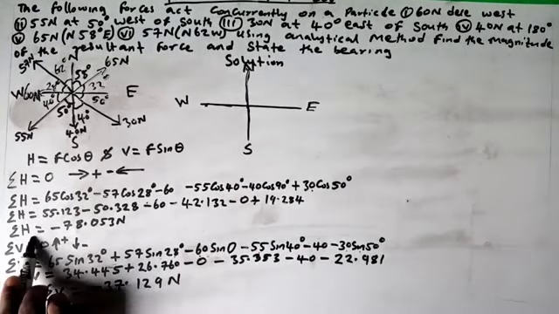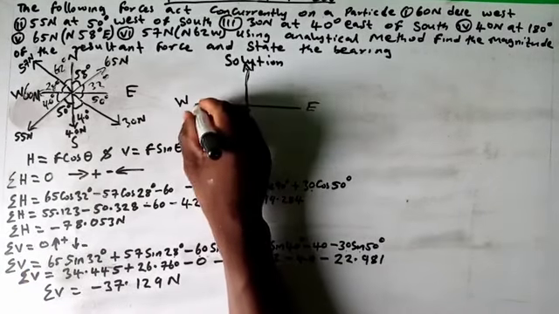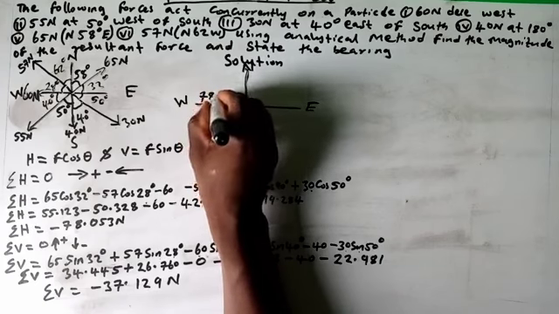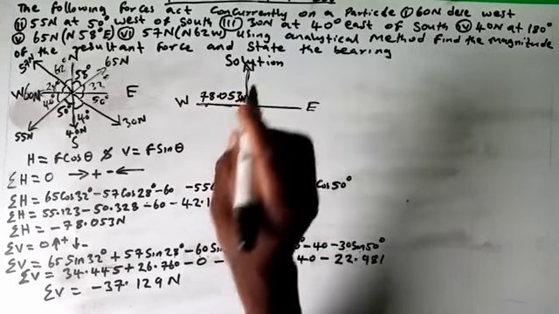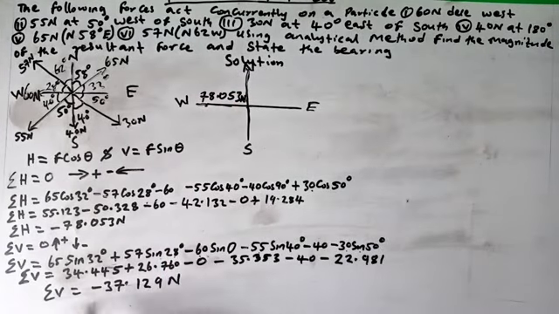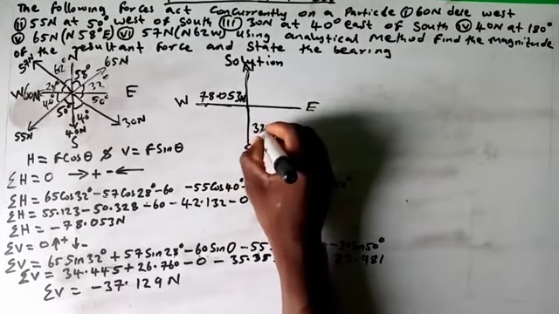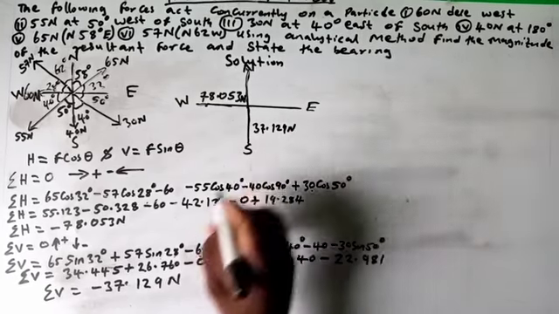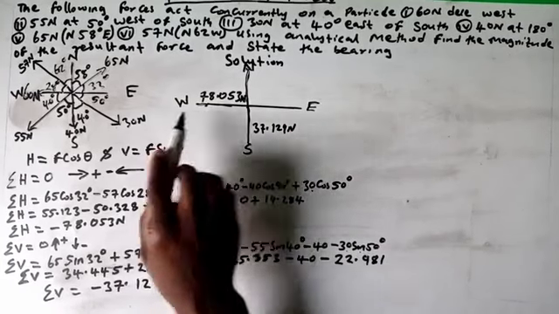Our summation of H is negative, therefore the force is acting in this direction. So our H is 78.053 Newton. Then our summation of V is also negative, meaning it is acting due south also, which is 37.129 Newton.